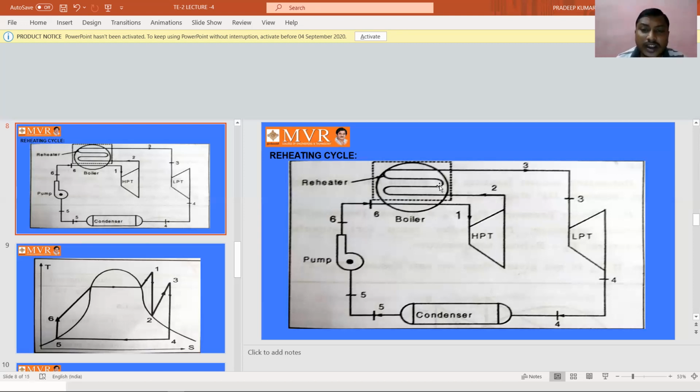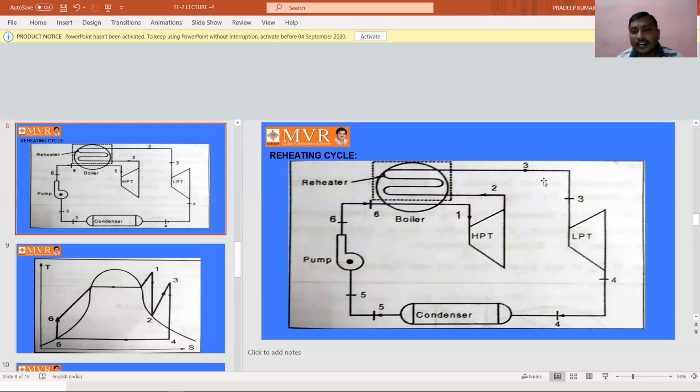When comparing with the Rankine cycle, after entering the turbine, the steam directly enters the condenser. But in the reheating cycle, after the superheated steam from the boiler enters the high pressure turbine, it is expanded, and the remaining steam enters the reheater.